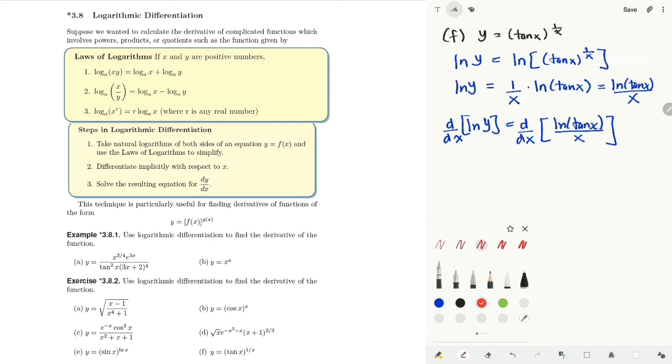So on the right hand side, we'll use the quotient rule. Our f will be the ln of tan, and our g will be x.